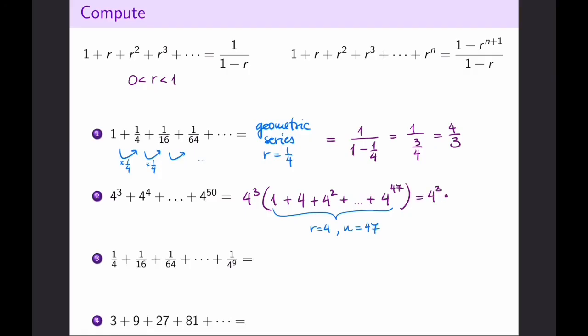So I have 4 cubed times, and now this formula for the specified values of r and n. So 1 minus 4 to power 48 divided by 1 minus 4. You can, of course, simplify this expression, but I'm going to leave it as is just to be able to see the actual structure of the answer here.